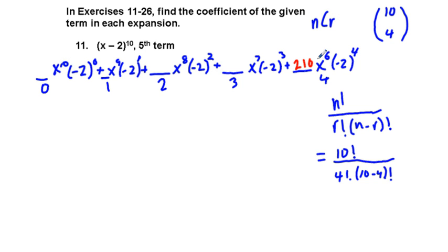And then we have negative 2 to the 4th power. Writing below, we're going to have 210 times negative 2 to the 4th power.